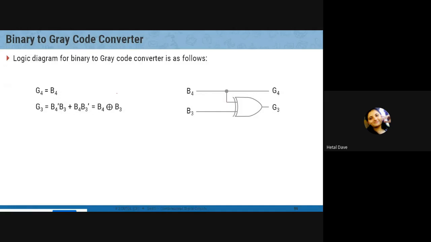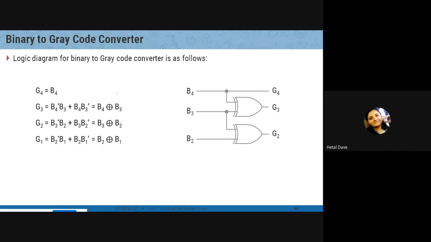Output is G3. What is G2? B3 XOR B2. So B2, B3 are XORed together. Output is G2. The last equation was G1. The equation we found is B2 XOR B1. So B2, B1 are XORed together.